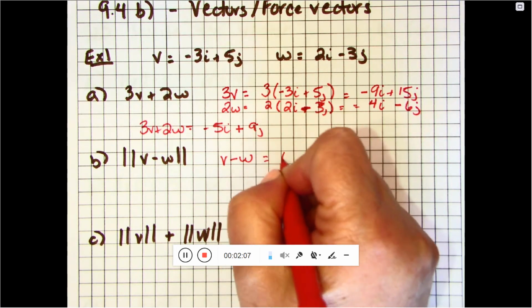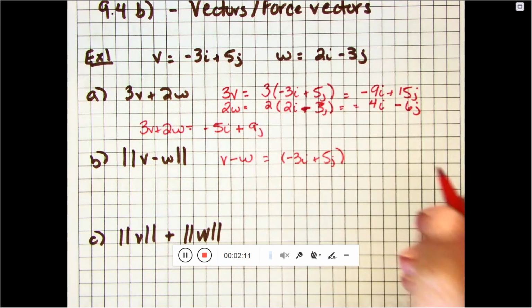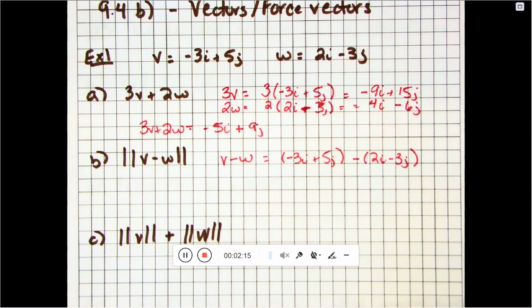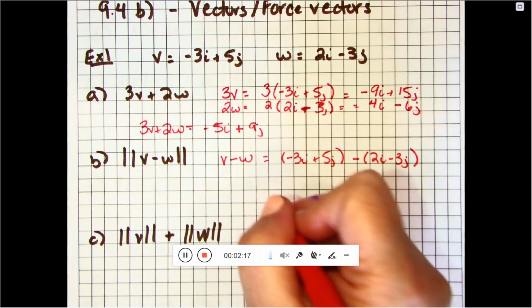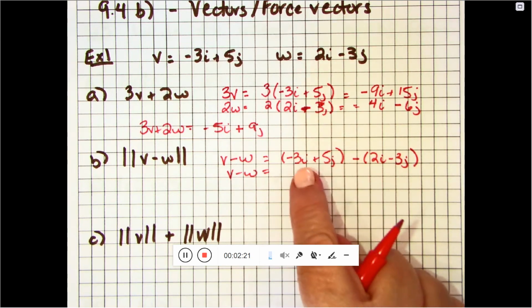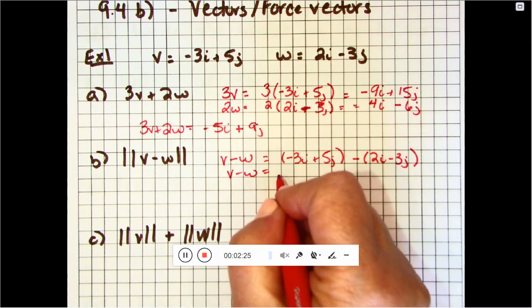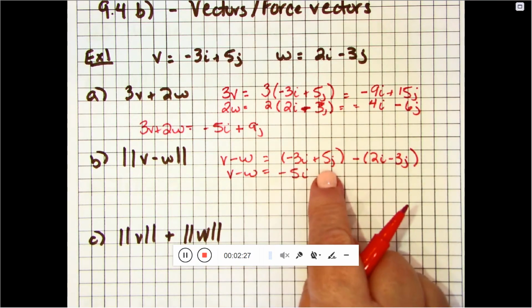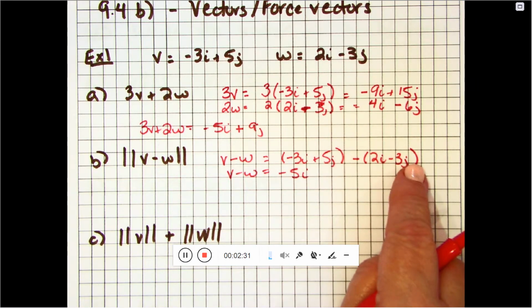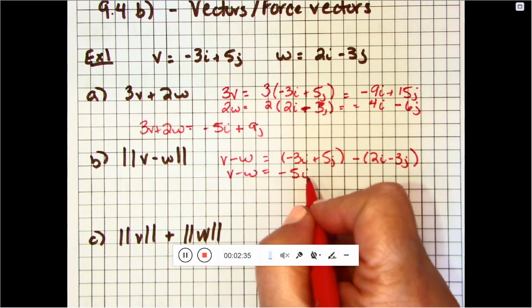That's negative 3i plus 5j, and then I have to subtract vector w. It's pretty much just like algebra. I have to make sure I distribute this negative. So this would be negative 3i minus 2i, which is negative 5i, and this would be 5j minus a negative 3j, which would be plus 8j.